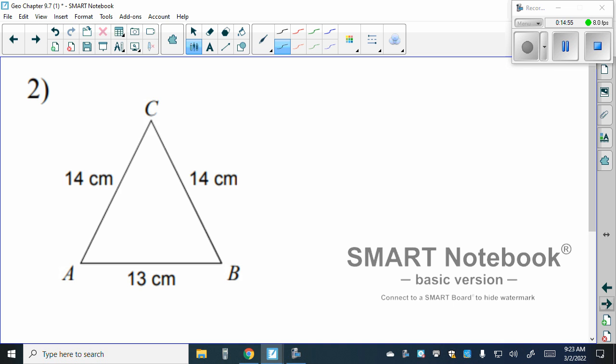Let's look at this one. The first thing we need to find is S, which would be 14 plus the other sides divided by 2.